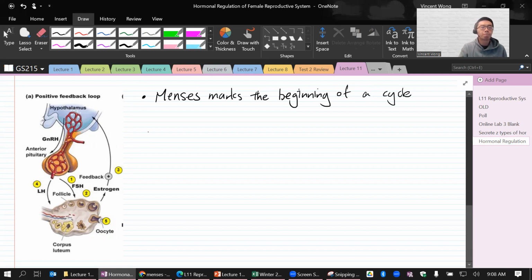So then what happens after the period starts? On a hormonal level, the hypothalamus releases GnRH.